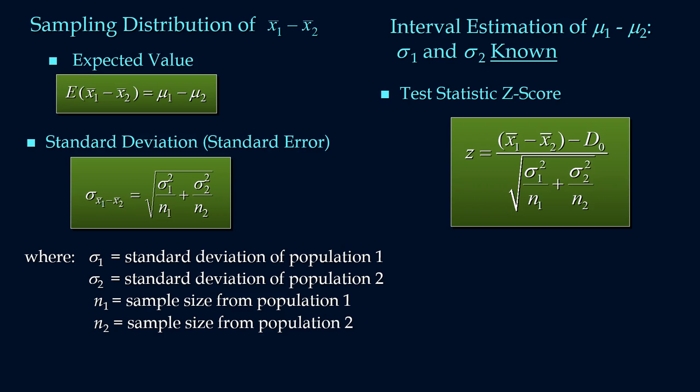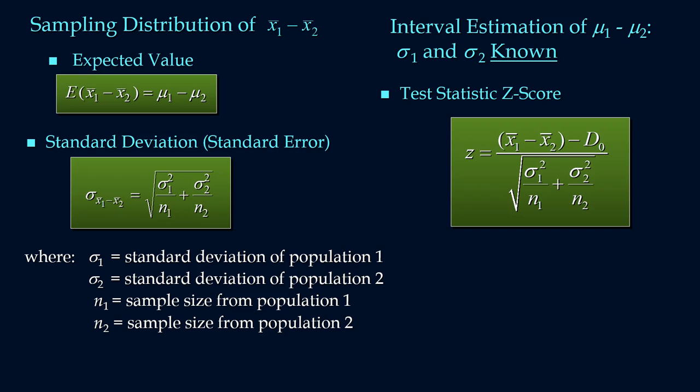And the standard deviation or the standard error is simply the standard deviation from population 1 squared divided by N1 plus, right, the standard deviation from population 2 squared divided by N2, and we take the square root of that. Okay. We don't have to do too many of these calculations, but I do want you to know that you can compare the difference between the populations.